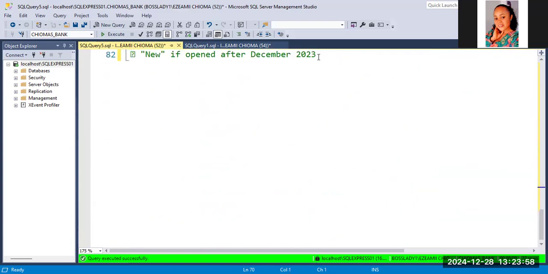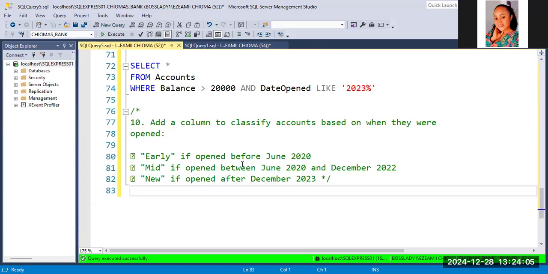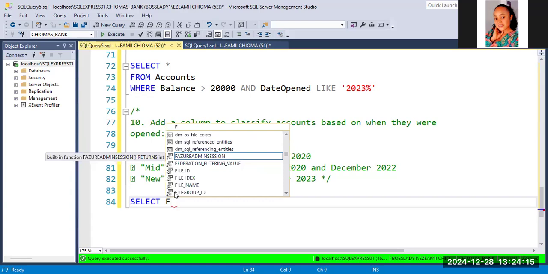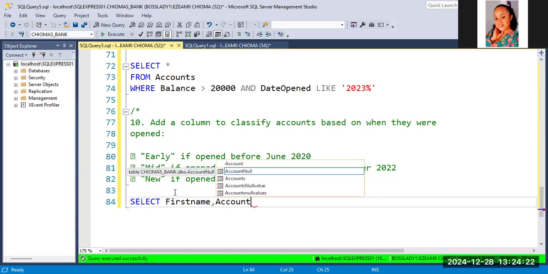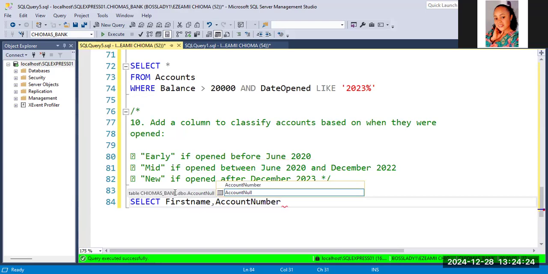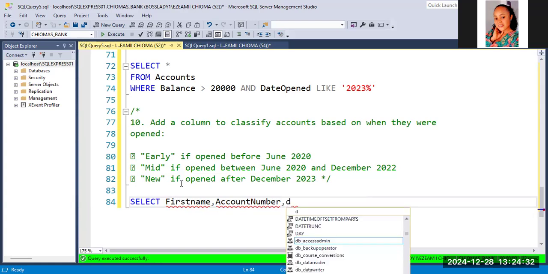So to do this now, it's still the case statement that we're going to use, all right? So let's select first name. I'm selecting some columns so that what we'll be seeing will be less to enable us to understand the data, okay? So then we're going to select date opened.